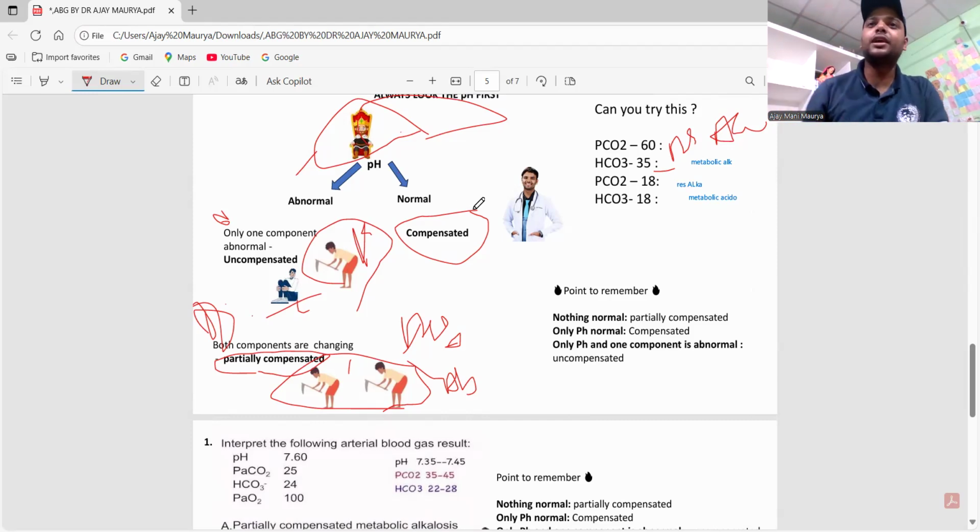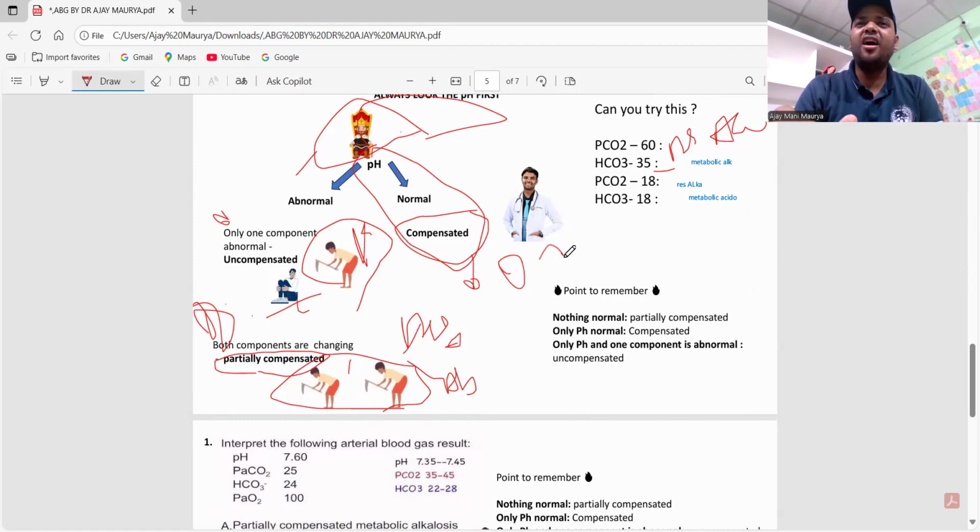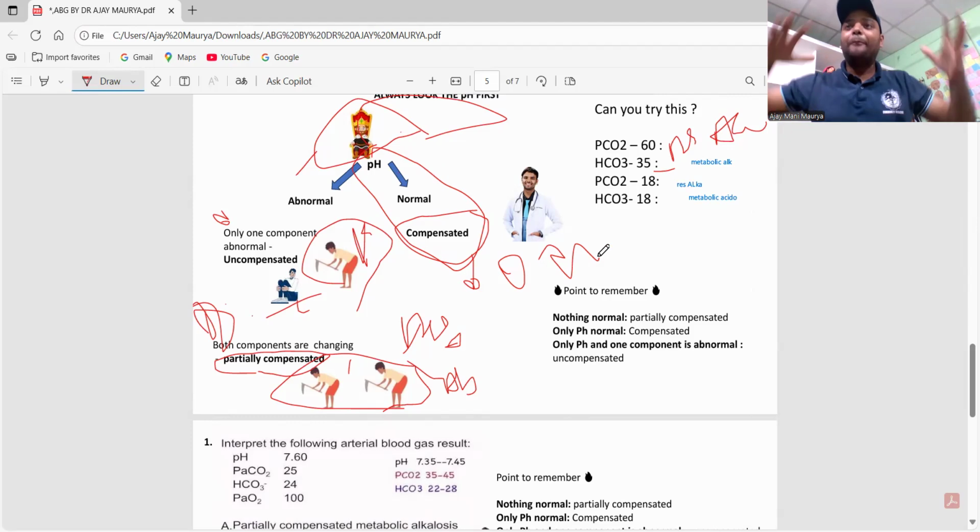Because his workers are doing well. It means the pH will be normal, but these two are working hard. They're changing, it means the values are changing. They are compensating each other in order to maintain the pH level of the blood.